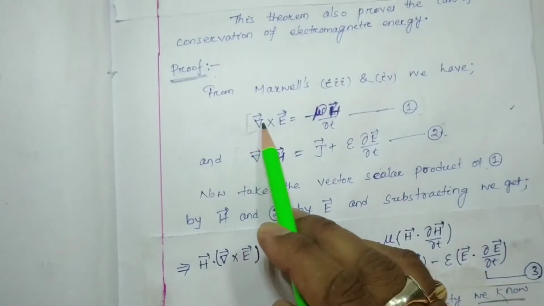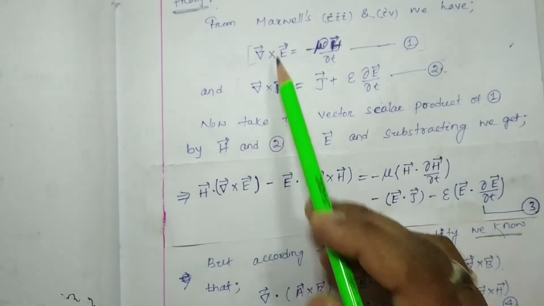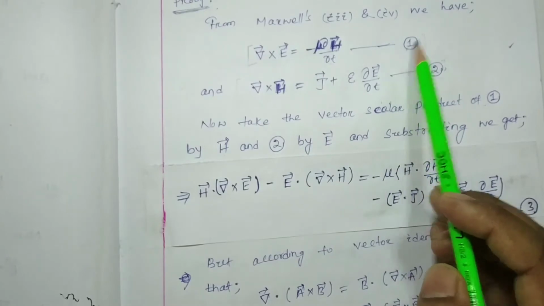So here, H dot del cross E minus, so equation number 2 is going to be subtracted from equation number 1.